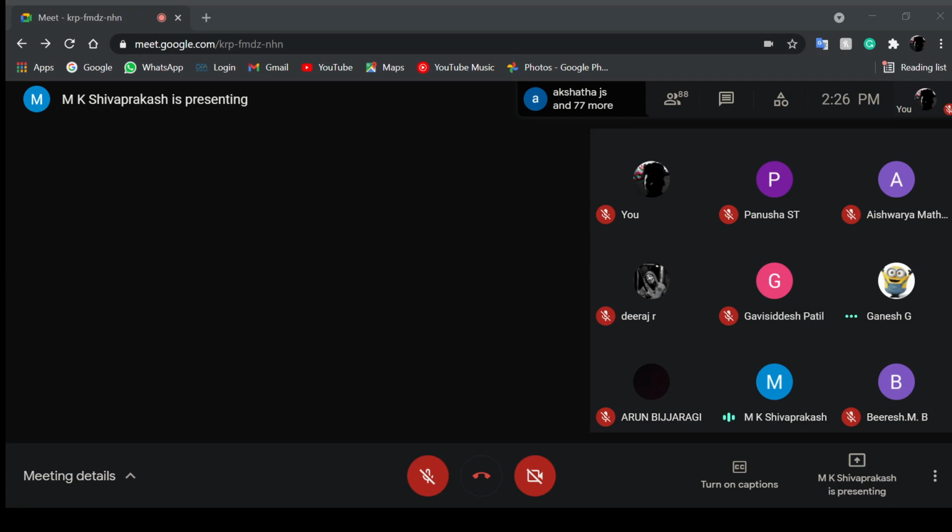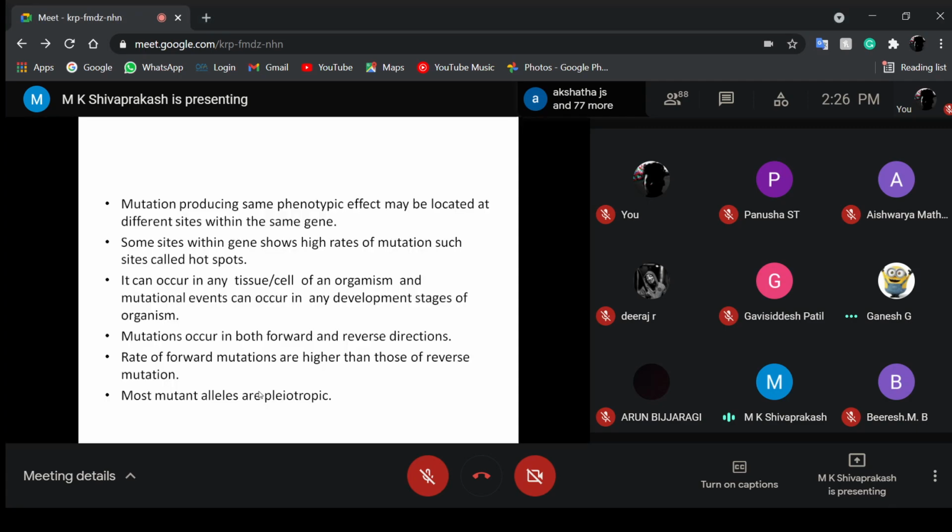Some sites within the gene show high rates of mutation, called hotspots. At a hotspot, the frequency of mutation is very high, so they use the word hotspots.